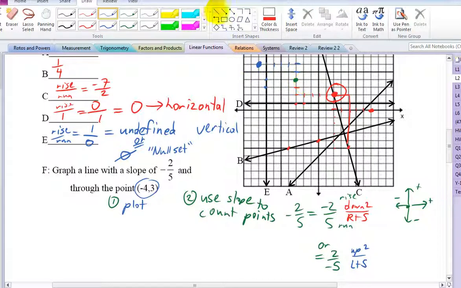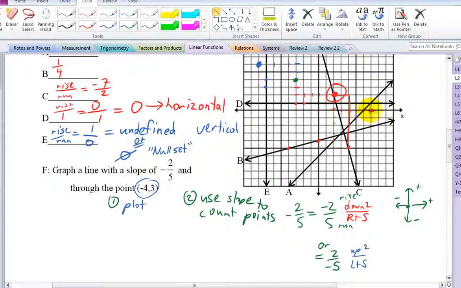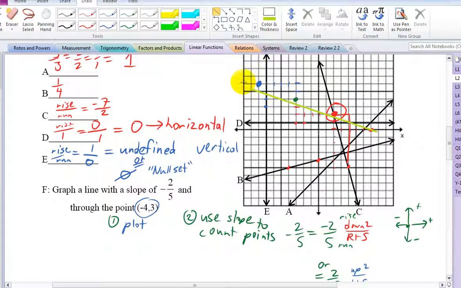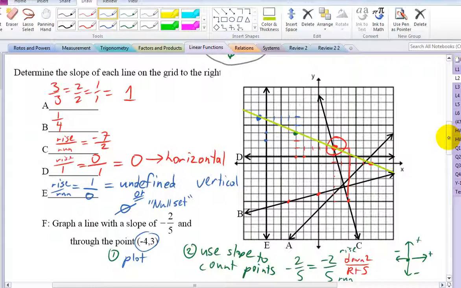So now you have your points. You can make a line. Don't make a small line. Okay? Make a large one all the way through. Okay, there's my line all the way through.